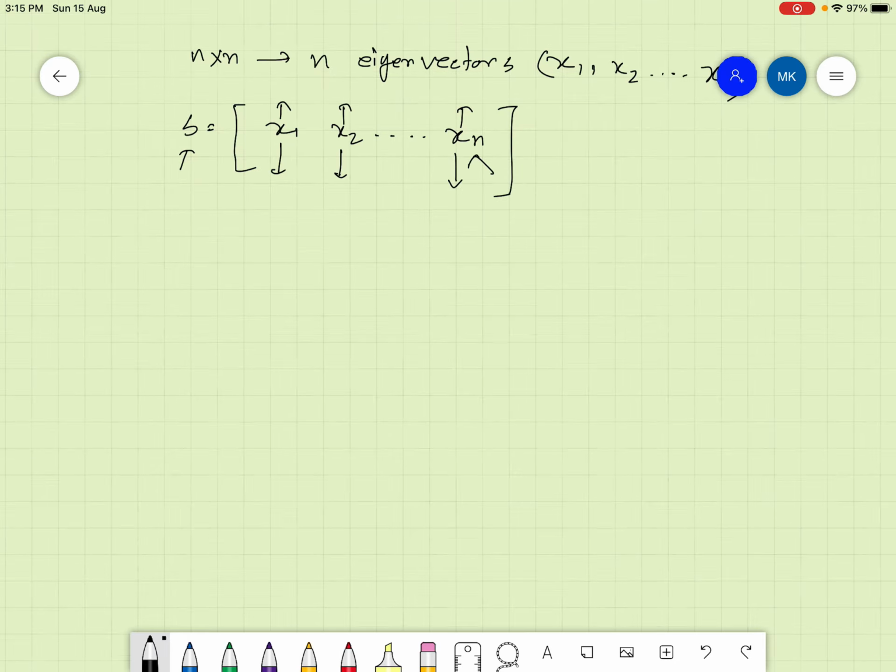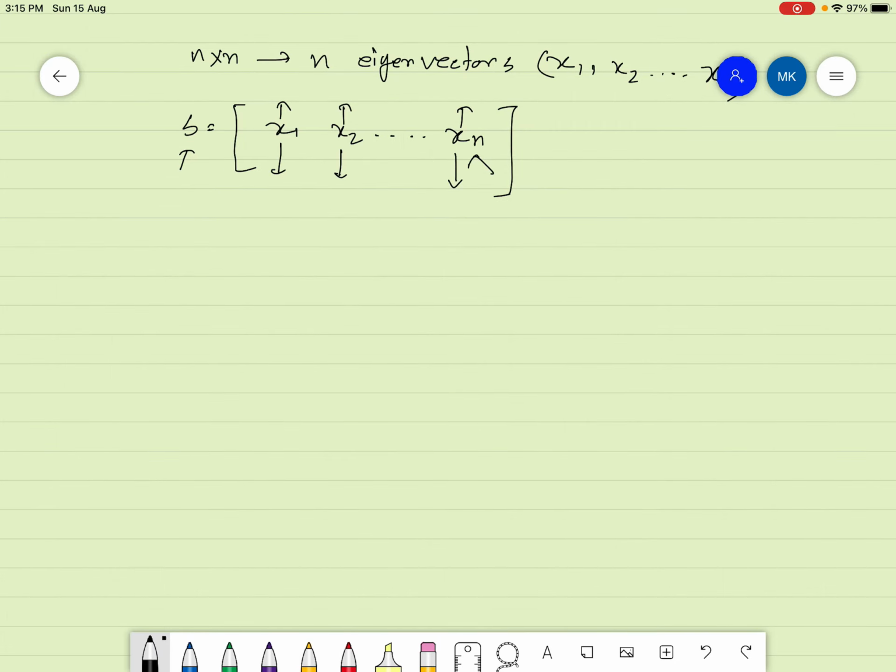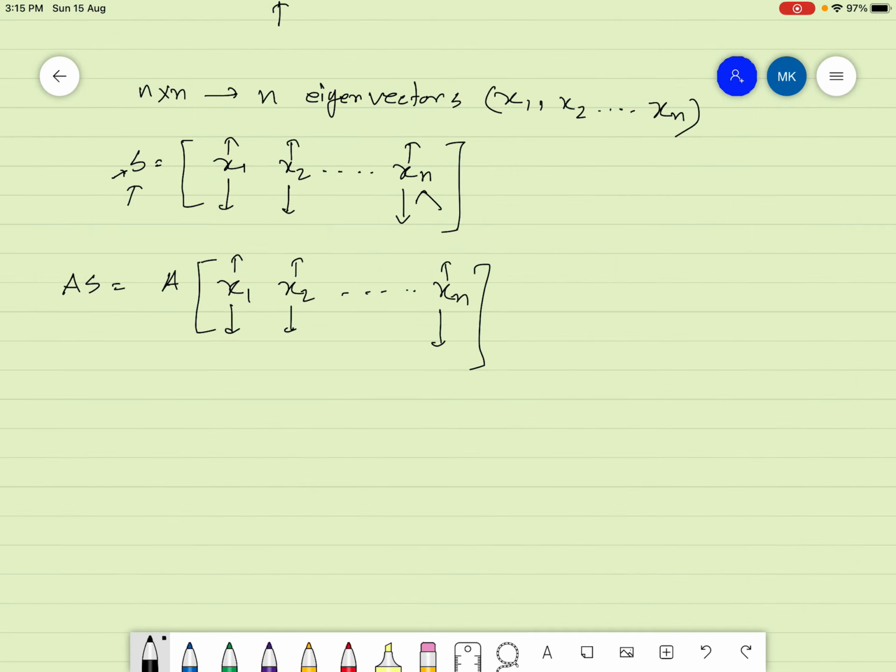Now what happens if you multiply this S matrix with A? So you have AS equals A into x1, x2 up to xn. But we already know that Ax equals lambda x, right?